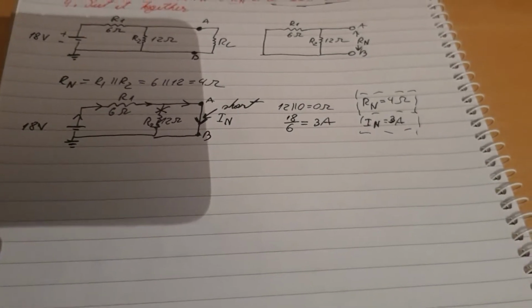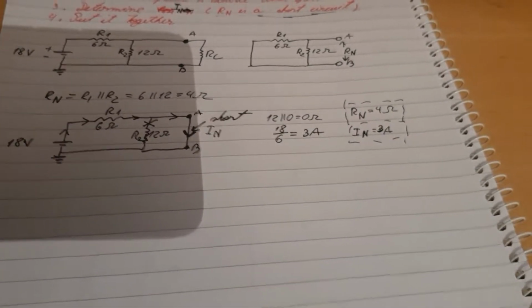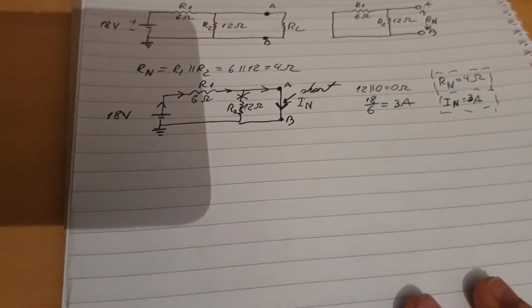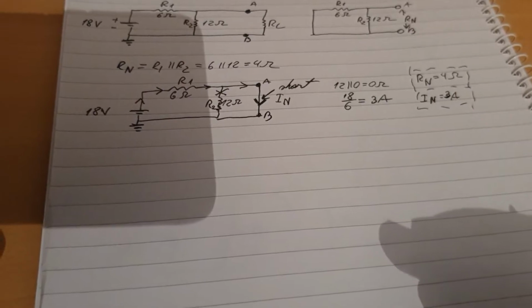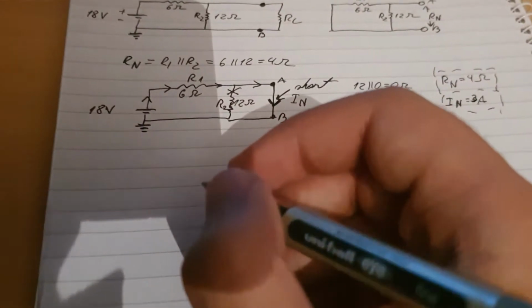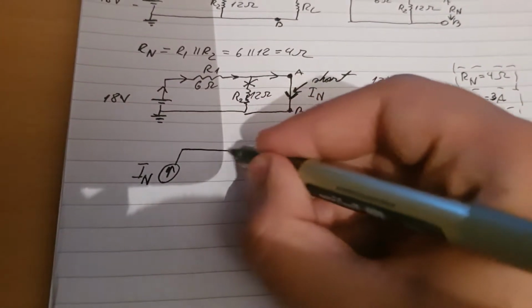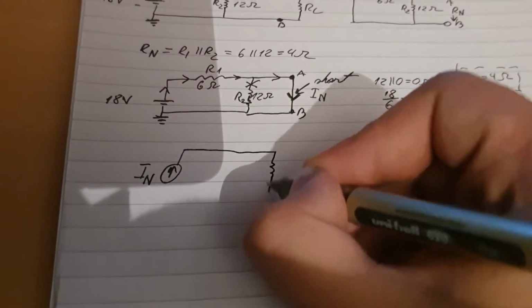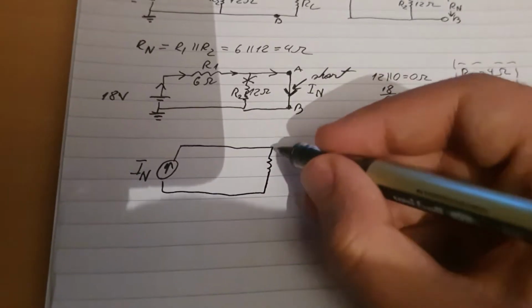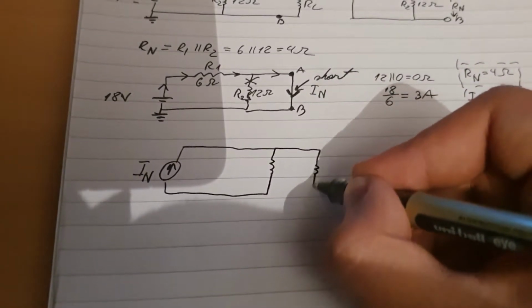Now the difference between Norton and Thevenin is the short circuit, which is the circuit that you get from it. So now let's put it together, and when you put it together, you get a current source first, which will be In, and then a resistor, and another one in parallel.